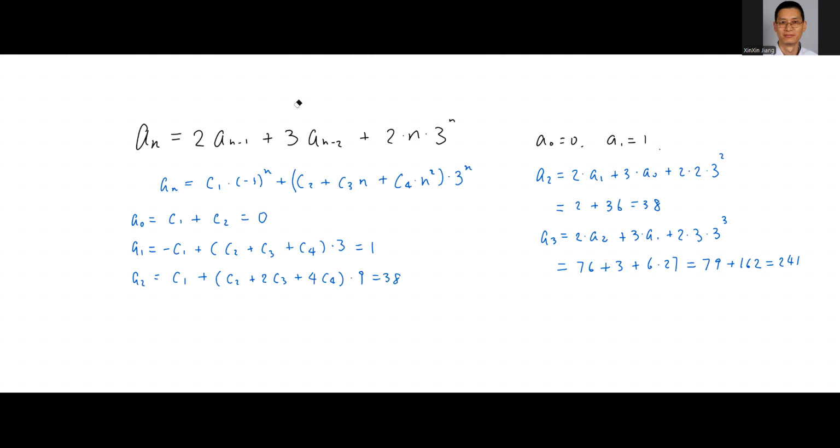If you are tedious about this algebra, you can fast forward, I guess, but I needed to solve that. When n equals 3, (-1) cubed is -1, so negative C1 plus C2 plus 3C3 plus 9C4 times 3 to the third, which is 27, we get 241.